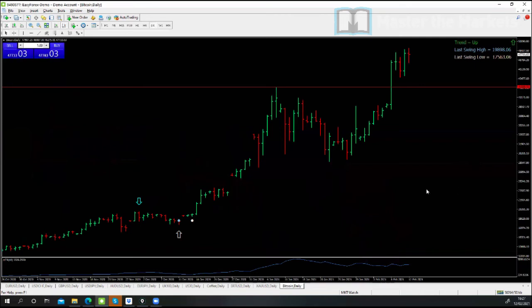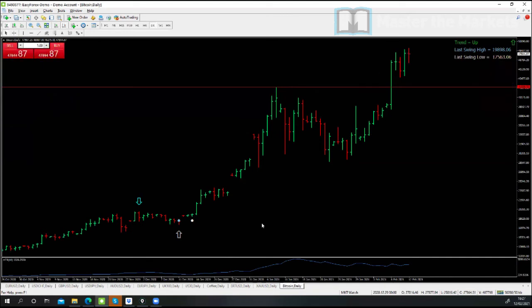And finally, Bitcoin. I drew the line last time when I did the market update and showed you that it was close to 42,000. Then we've had a slight dip on the Bitcoin, but since then, as you can see, it's rallied up again, and today's high was 48,887, so 48,800, just shy of 49,000, on the Bitcoin.